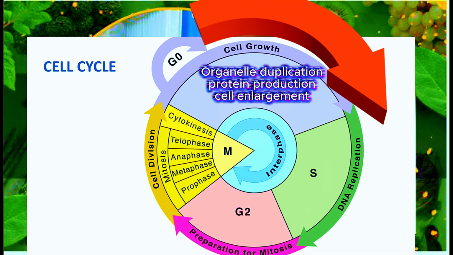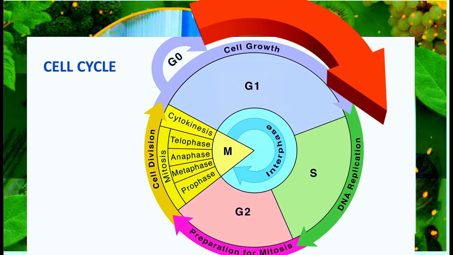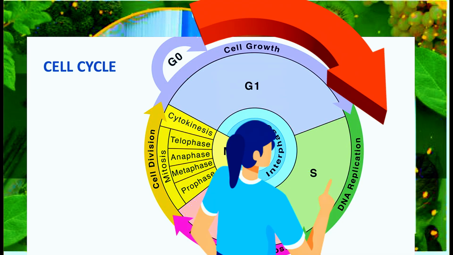What again? When we duplicate and produce a lot of protein, the cell will become tense. Then it has to enlarge so that it can accommodate all these proteins and organelles that are duplicating. So in G1 phase, remember, the cell enlarges. And to move forward, remember what we have just talked about is only regarding the cytoplasm. Then the synthesis stage will now be related to the nuclear environment.